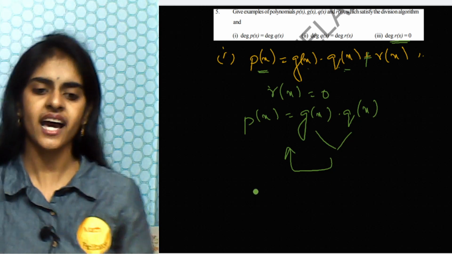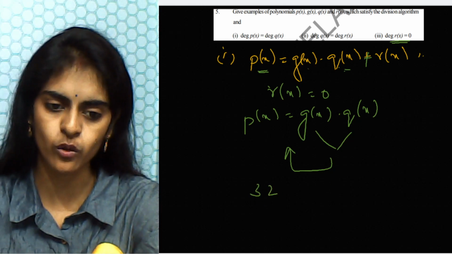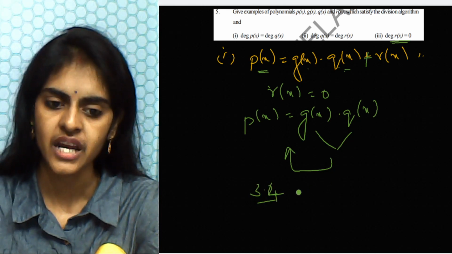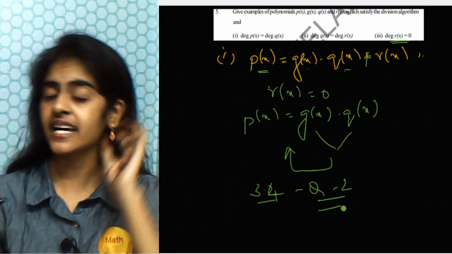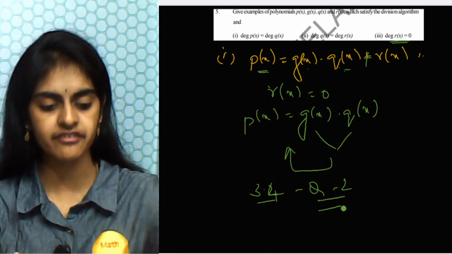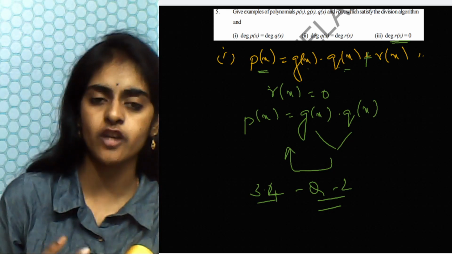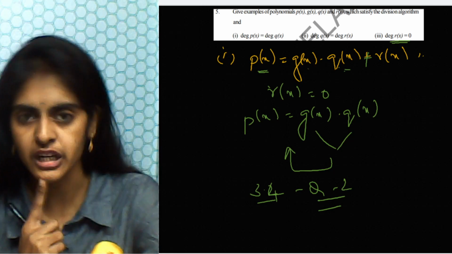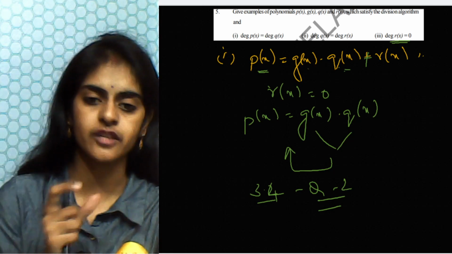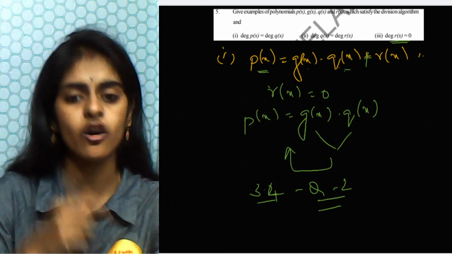In our exercise 3.2, 3.4, question number 2, we have seen, they asked us to determine if the given polynomial is a factor of that polynomial or not, isn't it? So you should find if it is a factor or not.